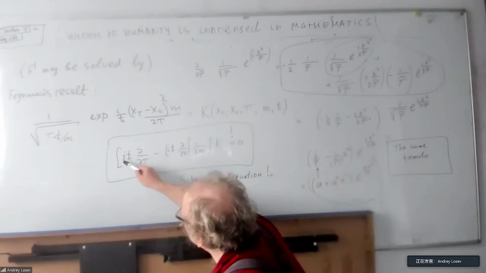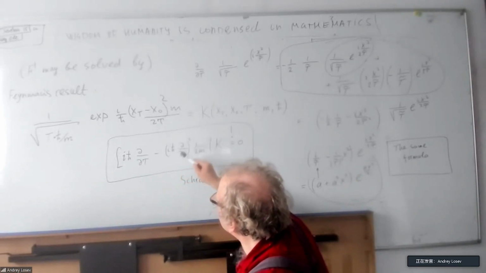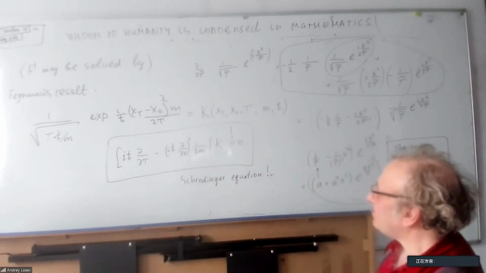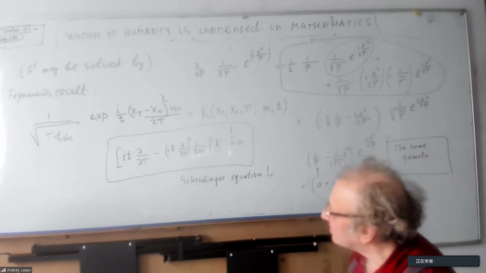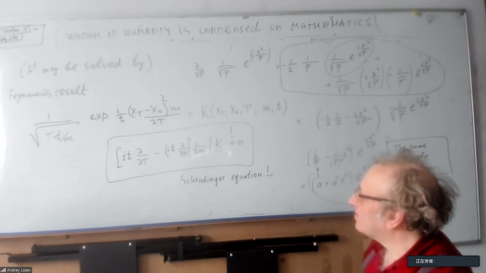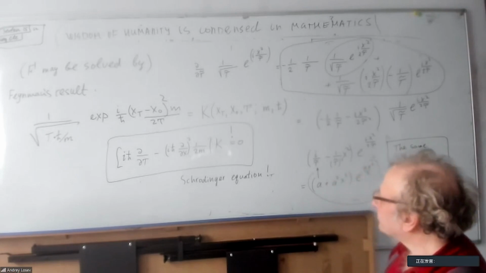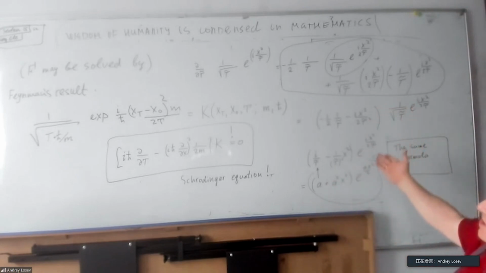You see, here I have one i, here I have i squared. And computations are just on the board.